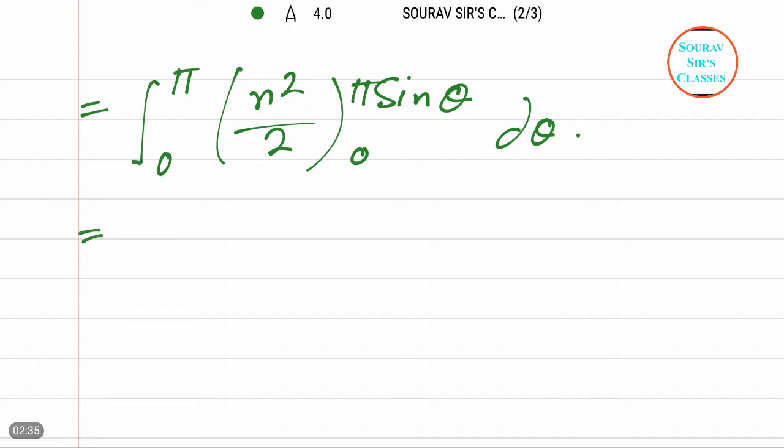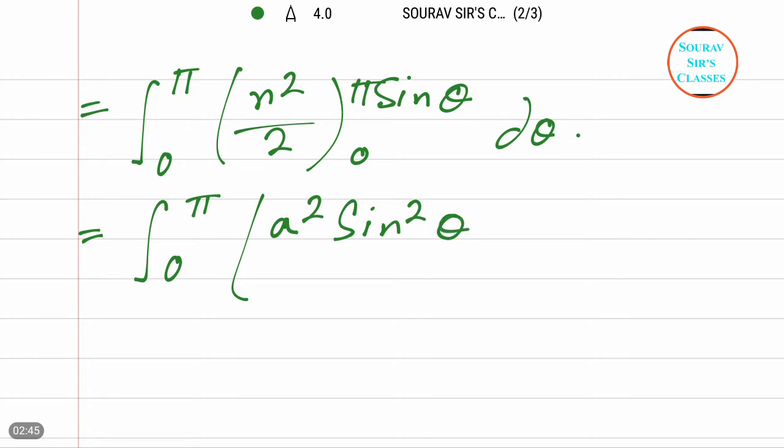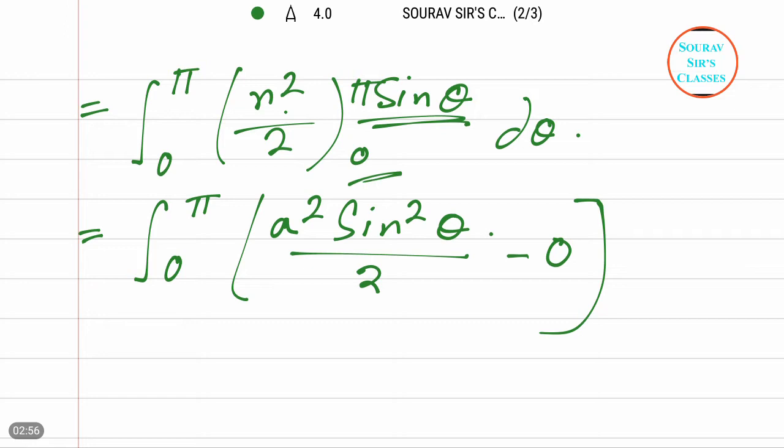Now from this we can write integration of 0 to pi and a square sine square theta divided by 2 minus 0, because here we are putting the value of r as a sine theta and 0, and here is d theta.